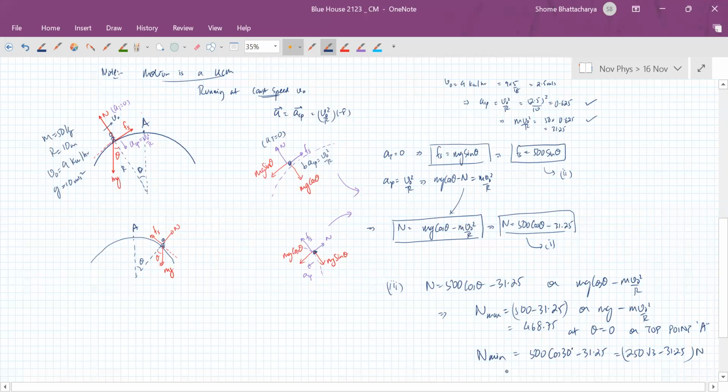So this minimum value will occur at theta equal to 30 degrees. Let's say those two points are B and C. So B is this point here, and C is the symmetrical point here. So these are the maximum and minimum values of the normal contact force.